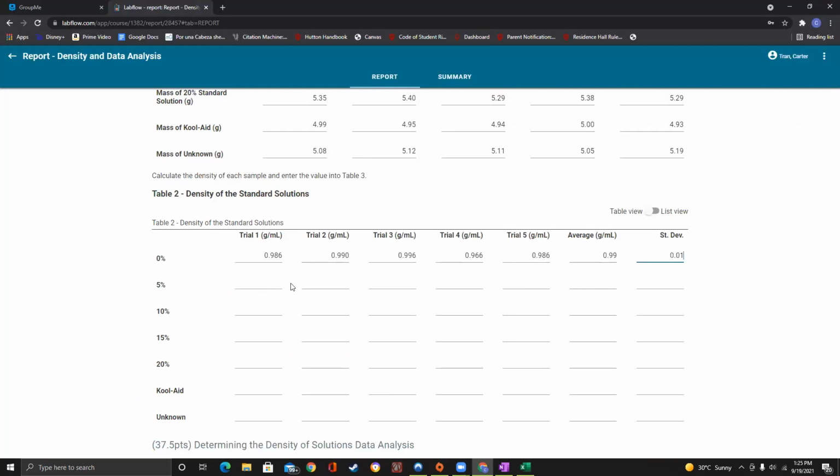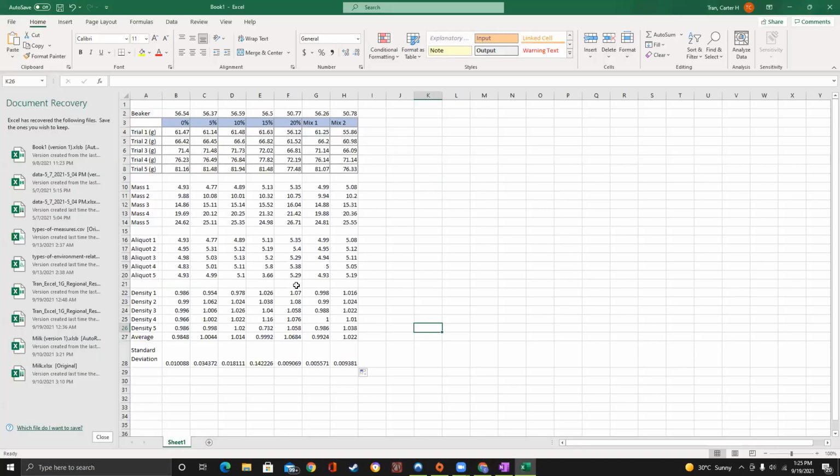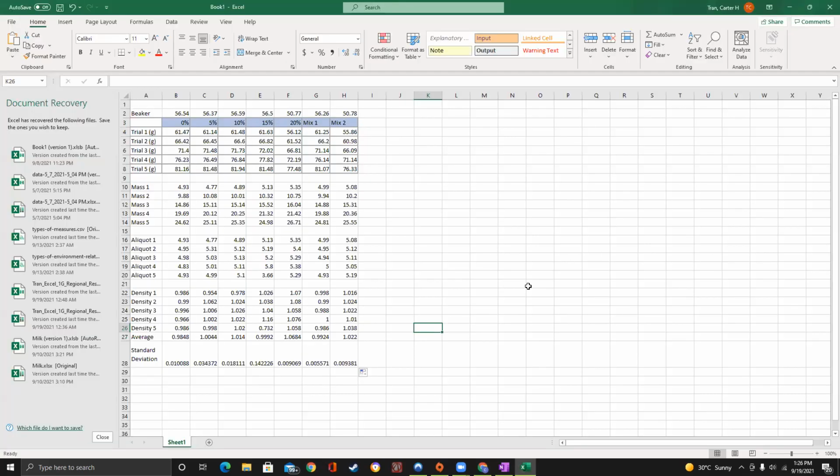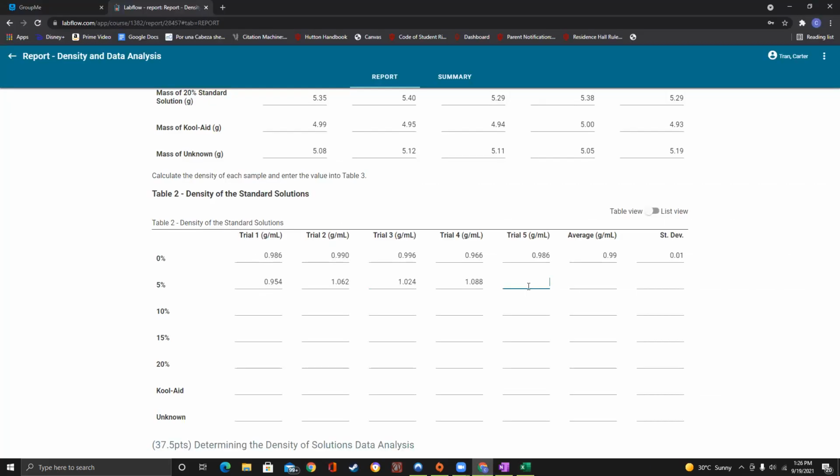So this is going to go to 0.01. Percent, 0.954. 1.62. 1.24. Eight. Be at 3 sig figs, so 9. 2, 6. 10.